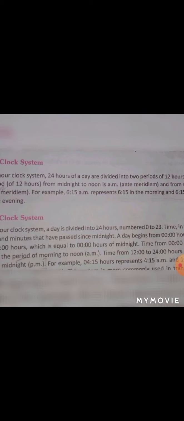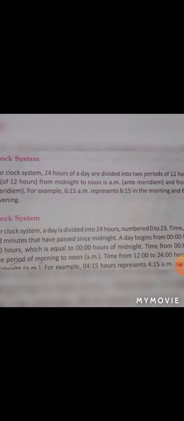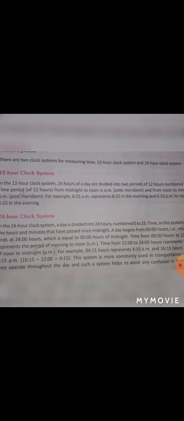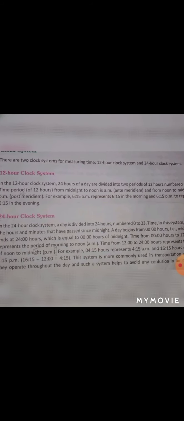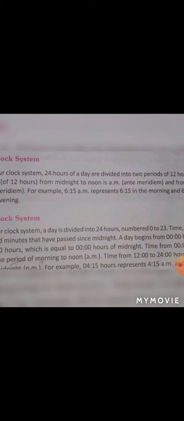The time period from midnight to noon is AM and from noon to midnight is PM. For example, 6:15 AM represents 6:15 in the morning, and 6:15 PM represents 6:15 in the evening.